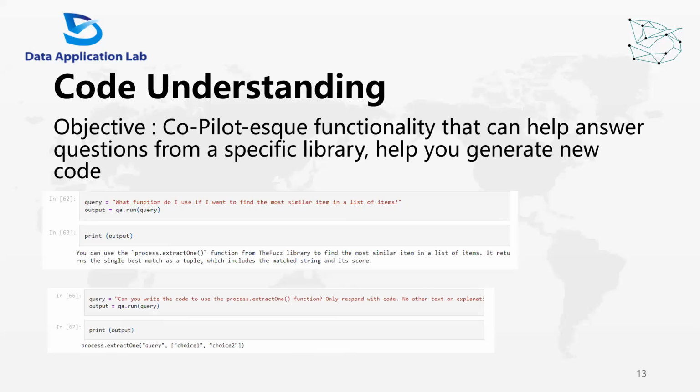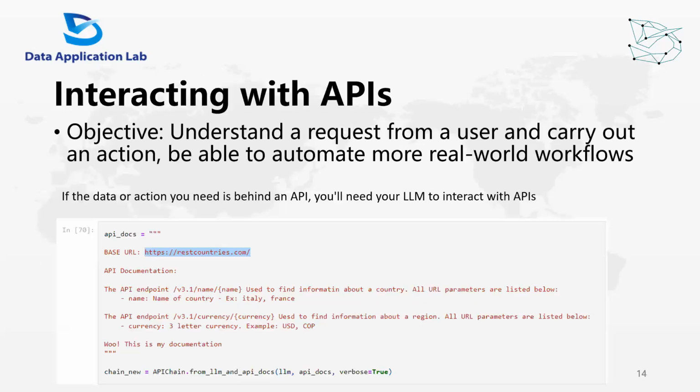So let's move to another use case: interacting with an API. The objective of this use case is to understand a request from the user and carry out the information action and automate this more in a real-world flow.